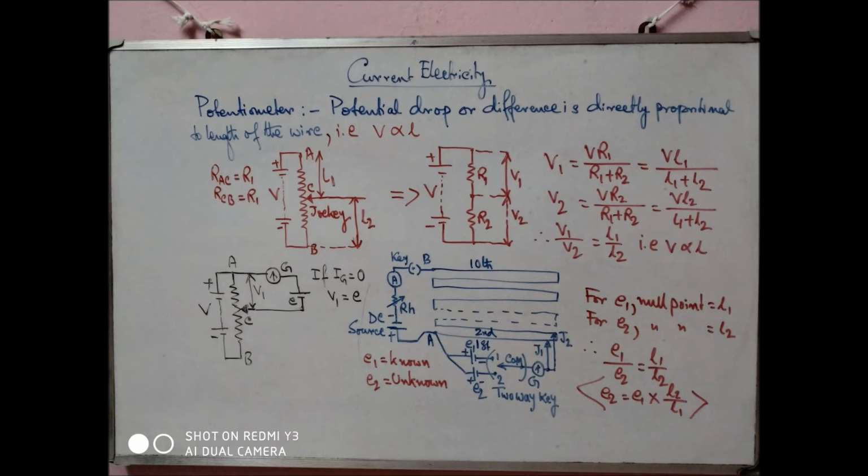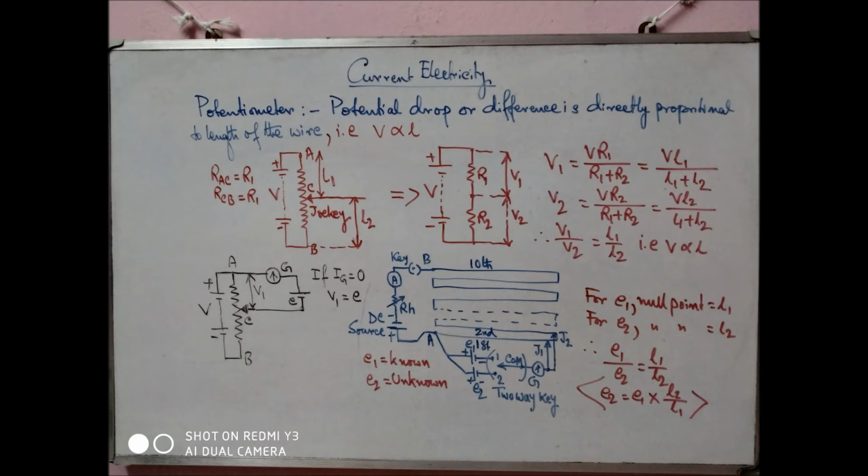A and B, the two terminals, are connected with the DC source, plus to A, minus to B, and the variable point is the jockey. Now suppose at any time AC length is L1 and CB length is L2. So what is L1 plus L2? If I compare it with the potentiometer, it is 10 meter total.